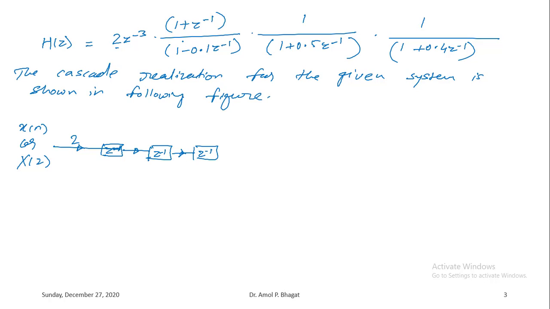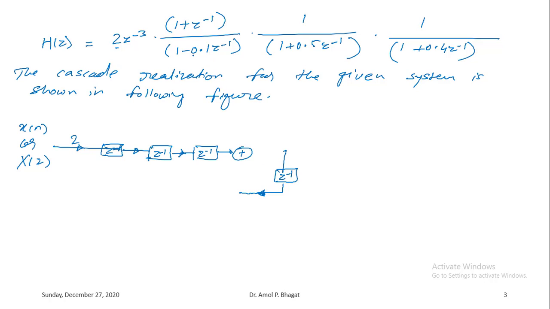So here we'll use direct form 2 realization, so that will require only one delay element, right? So how it can be done, so one adder will be required. Here we'll be using one delay element z inverse. Okay, so we'll be feeding back this output into the system, so we are realizing this denominator.